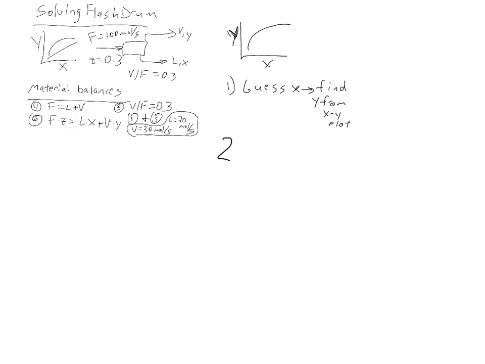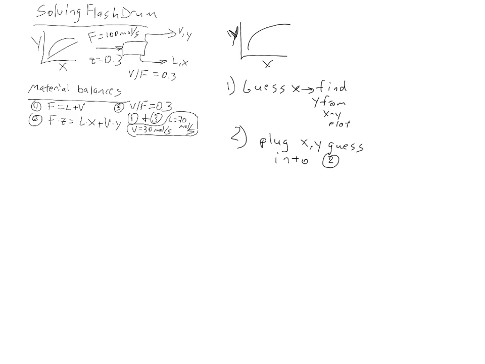Step 2: plug the x, y guess into equation 2. Equation 2 is this one right here, the material balance for the more volatile species. So we take the values we've guessed for x and y and plug them into this equation.